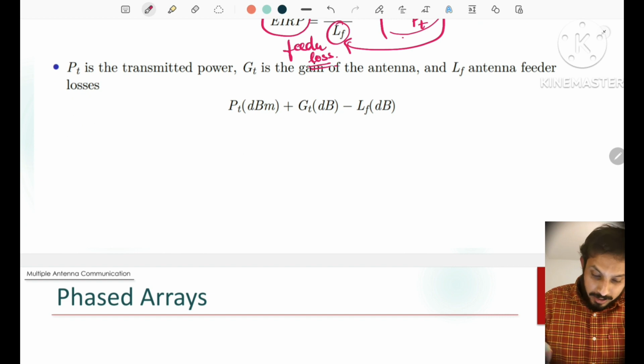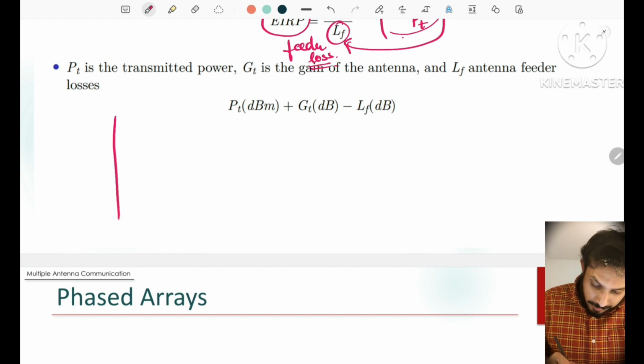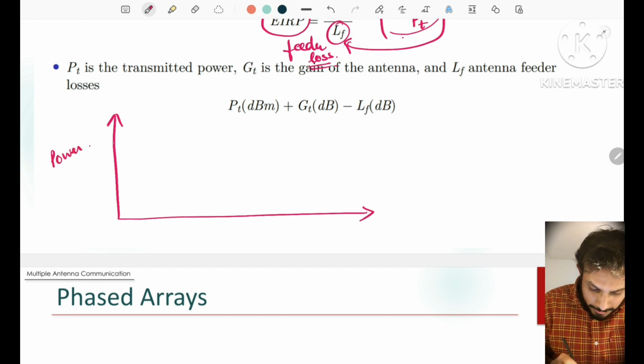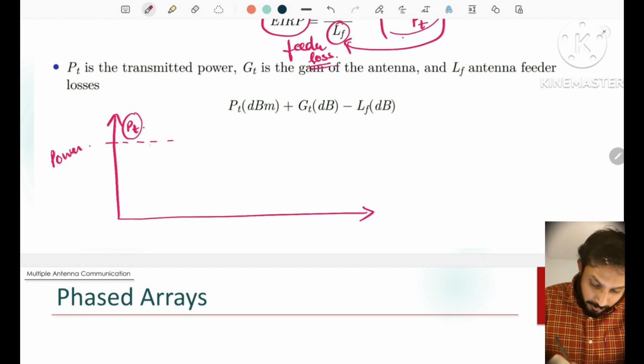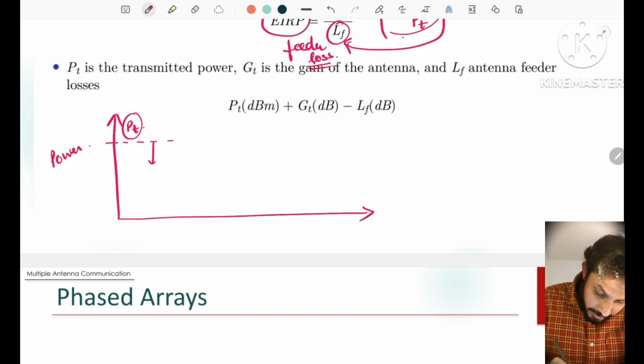We can also understand this concept like this. Let's say this is the power axis and this is PT, the power transmitted from the power amplifier. First we have feeder losses, which decrease the power by LF to a certain value.